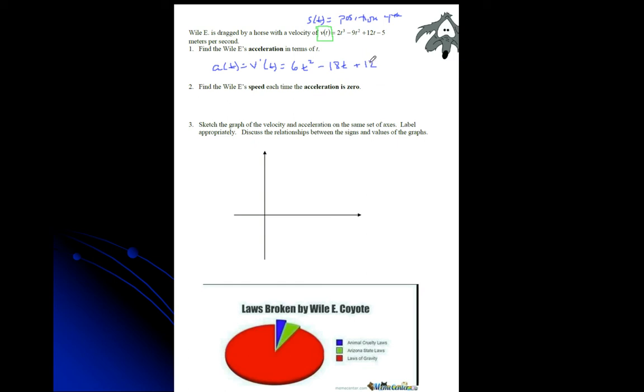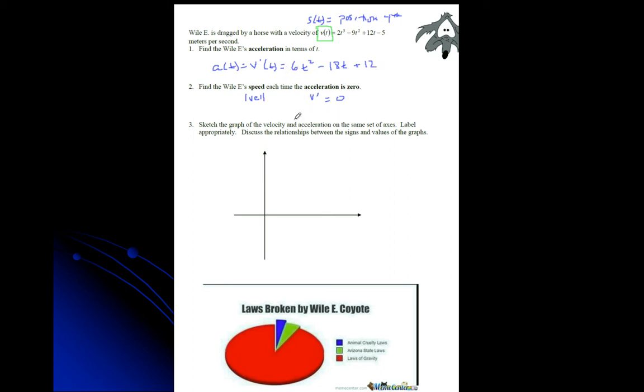Then I'm asking you to find the speed, which is the absolute value of velocity, each time the acceleration is equal to 0. So take this equation that you just found and set it equal to 0.